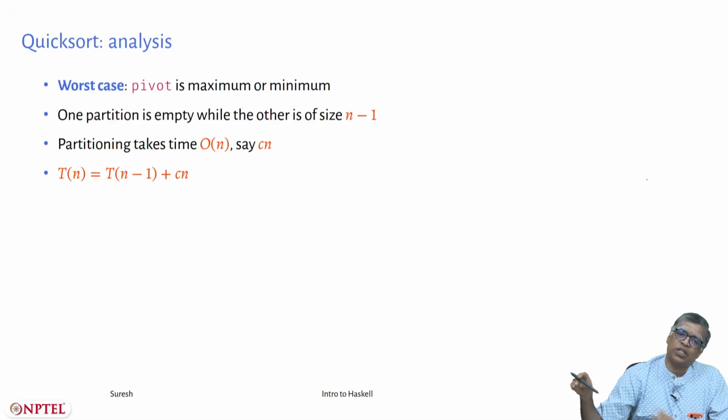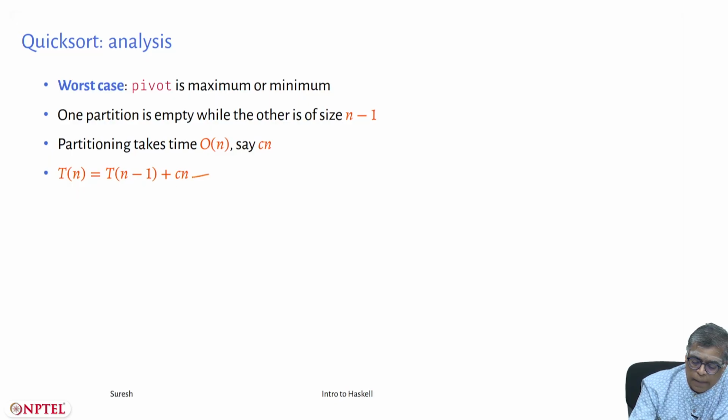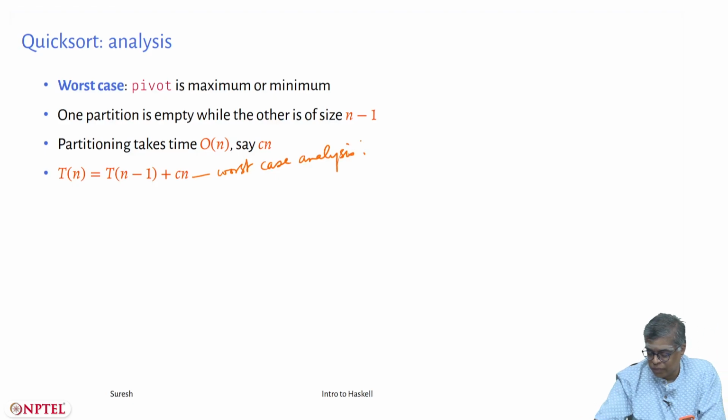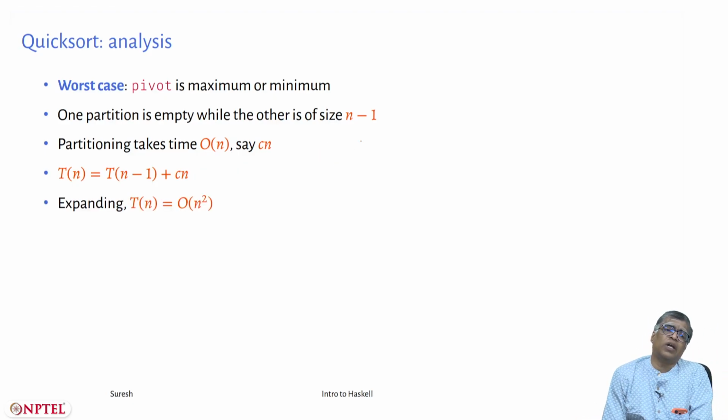And your partition takes that much time, and there is no merging, etc. But in the worst case, this is the worst case analysis, your T of n is T of n minus 1 plus Cn, and if you expand, it will be order n squared.